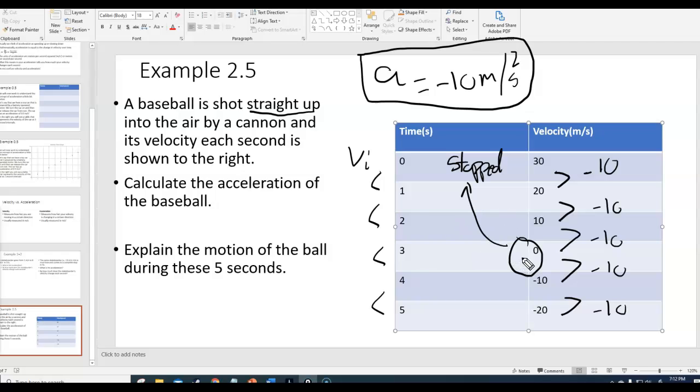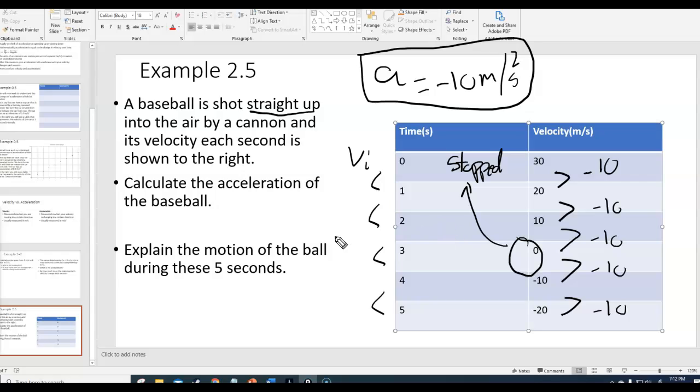One second later, the velocity is -10, -20, and then it's going to be -30, -40. What does that negative velocity mean? It means that now the baseball is moving in the negative direction. Remember, velocity tells you your direction, so if you have a negative velocity, you're moving in the negative direction.